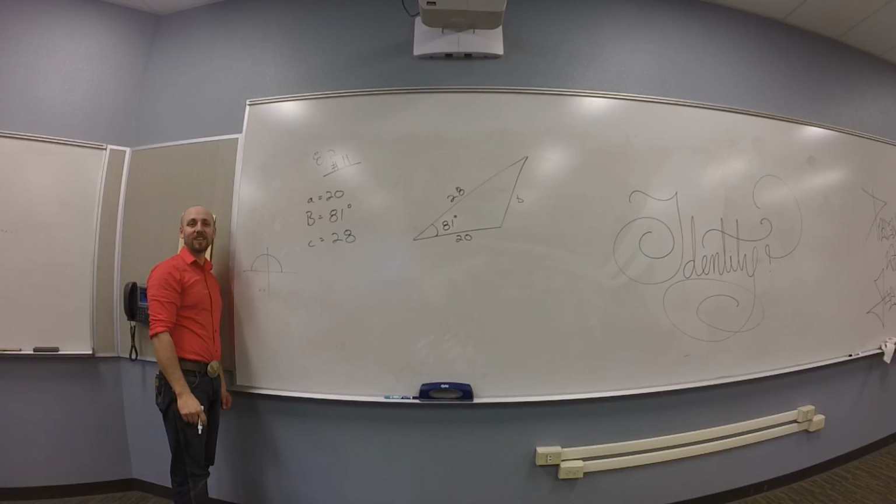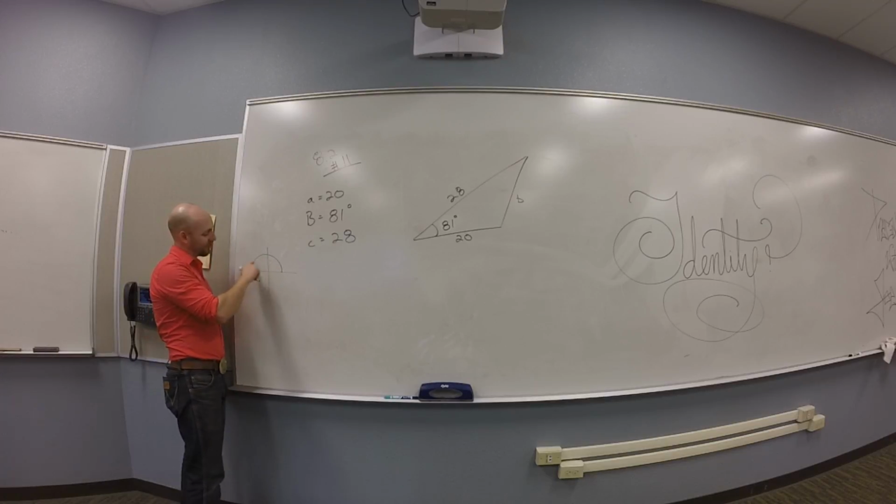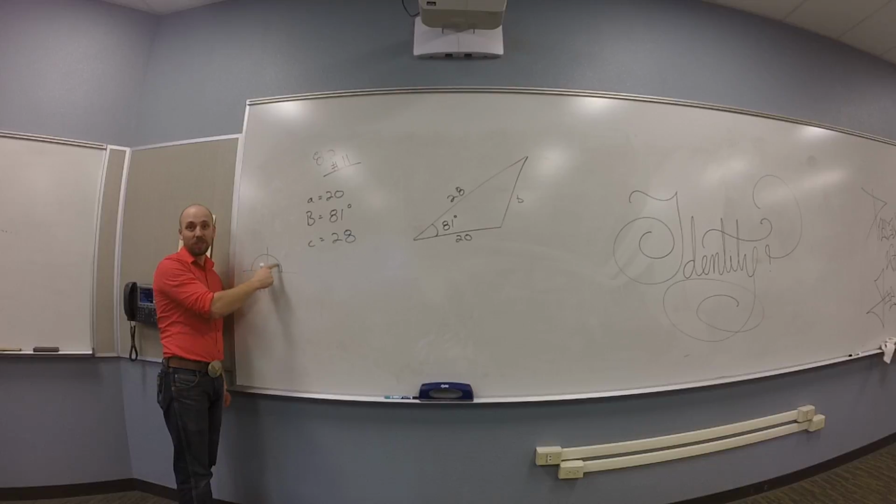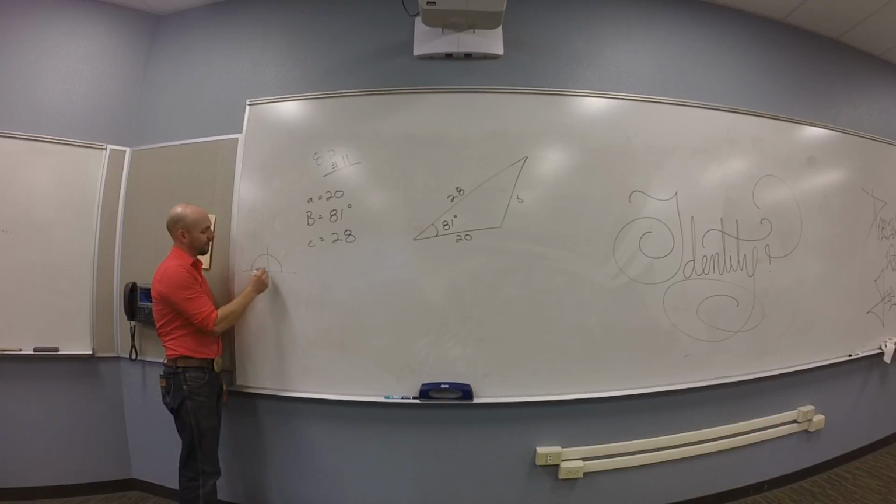So arcsine lives in the top half of the unit circle, which means that you could get answers in both quadrants that are valid in a triangle. If you do arc cosine, that's this stuff.